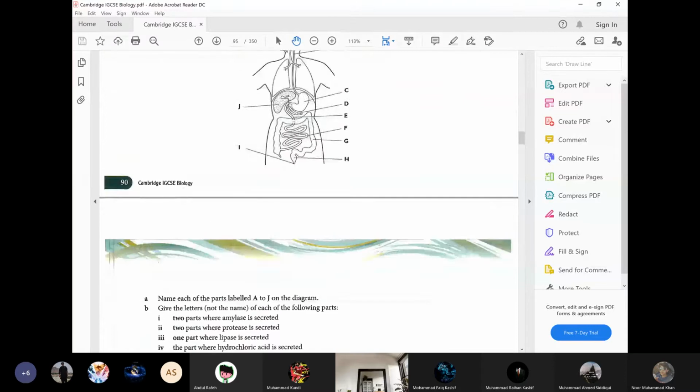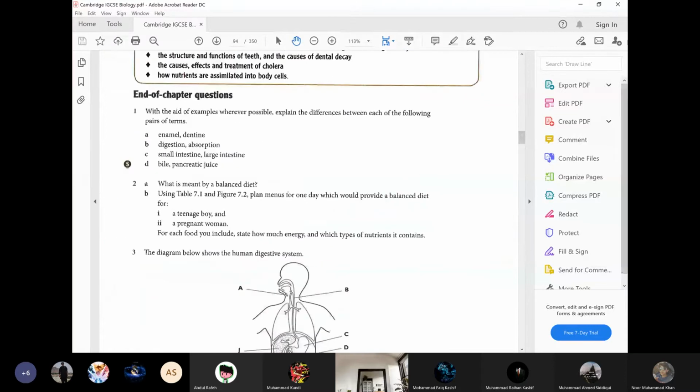Now, boys, here are the end of chapter questions of the digestive system chapter. With the aid of examples, wherever possible, explain the differences between each of the following pairs of terms: enamel and dentine. Who will tell me what is enamel?